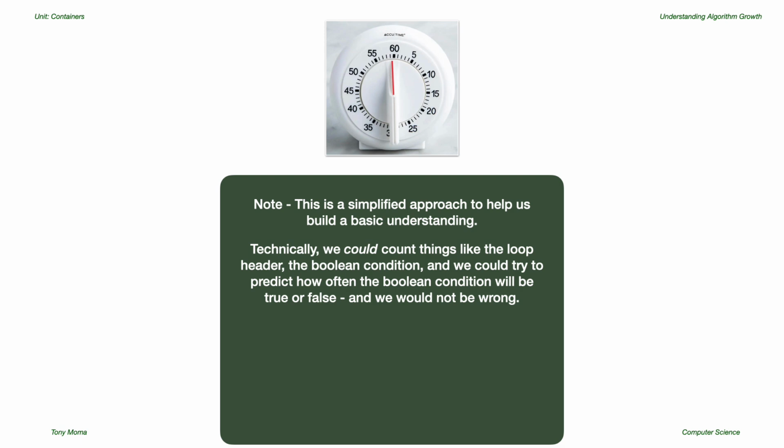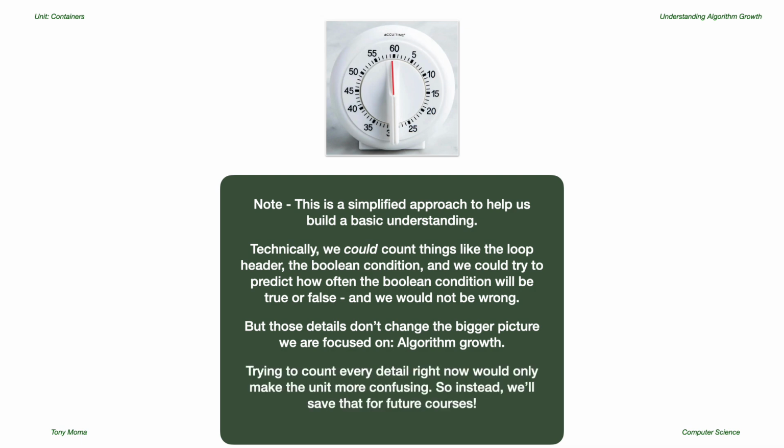In fact, there are situations where paying attention to that level of detail is absolutely necessary. But we're not going to encounter those situations in this class. For this class, those details don't change the bigger picture of what we are focusing on, which is algorithm growth. Trying to count every detail right now would only make the unit more confusing, so instead, we'll save that level of analysis for future computer science courses.